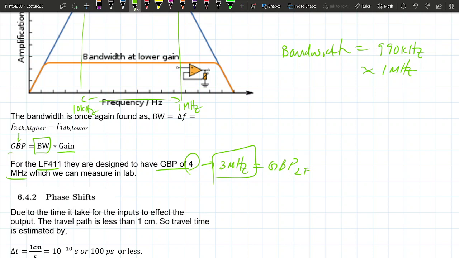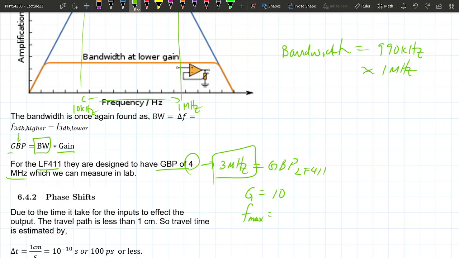Okay. So once again, I'm going to ask you, if I want something that has a gain of 10, what will be the fastest signal I can use for this particular amplifier? Okay. So if I want the gain to be at least 10, what will be the maximum frequency that I want to use this operational amplifier with?